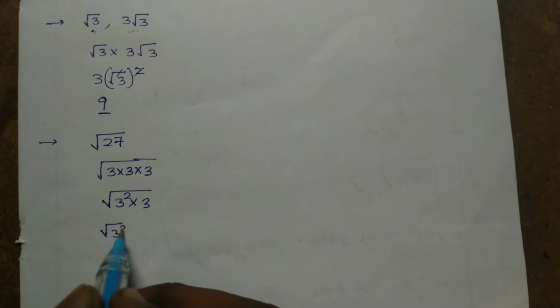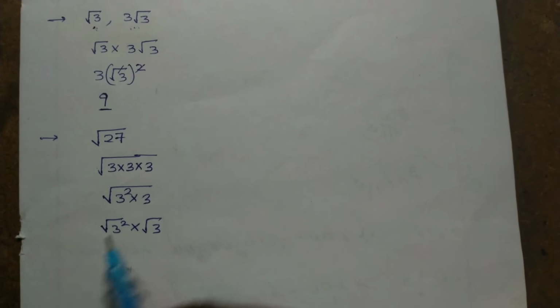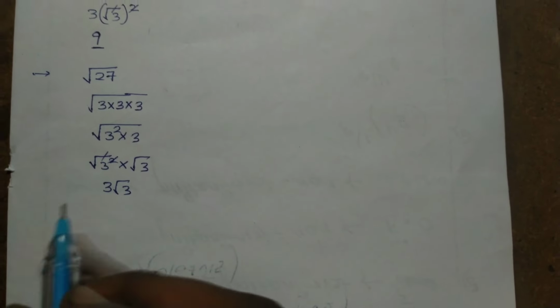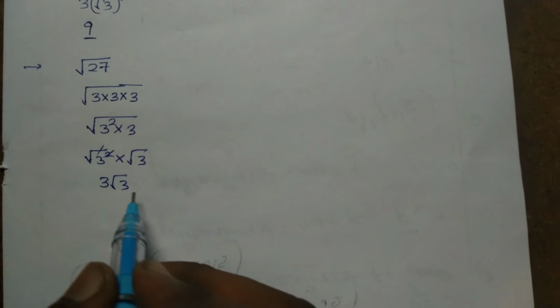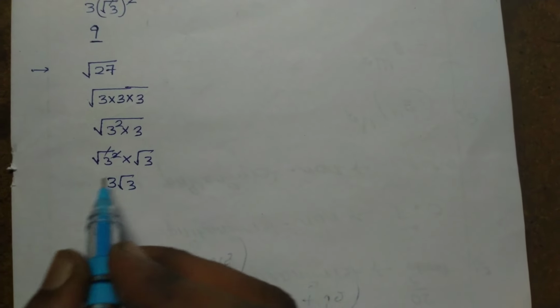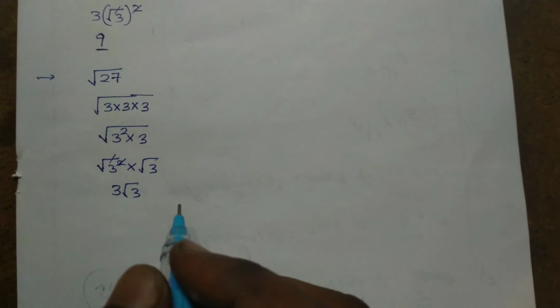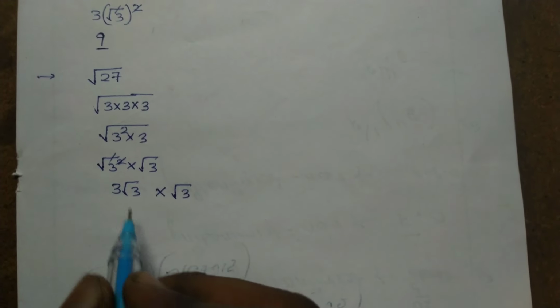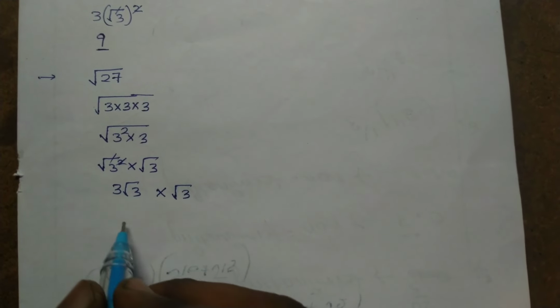So the 3 comes out and you get 3 root 3. What do we need to multiply with this 3 root 3 to make it a rational number? If you multiply with root 3, then what will it become?